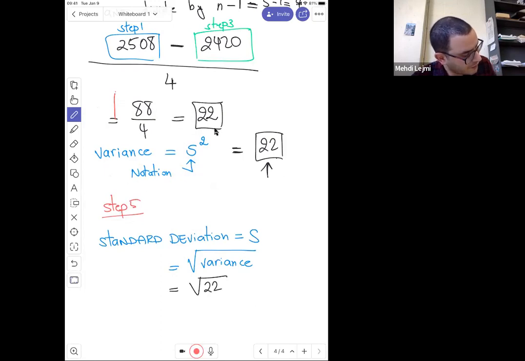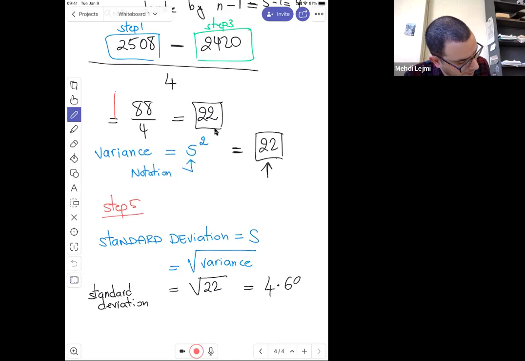If you compute square root of 22, the answer is actually 4.69. So this is your standard deviation in this example.